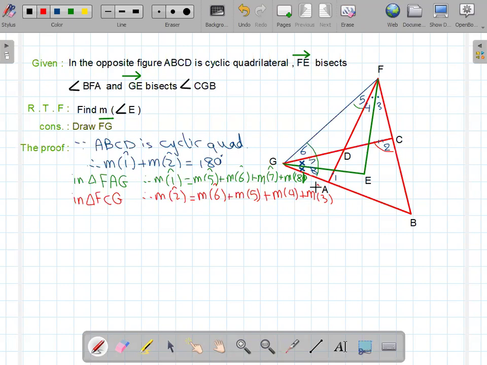Let us sum measure of 1 plus measure of 2. Then measure of 1 plus measure of 2 equals measure of 5 plus measure of 6 plus measure of 7 plus measure of 8, also plus measure of 6 plus measure of 5 plus measure of 4 plus measure of 3.